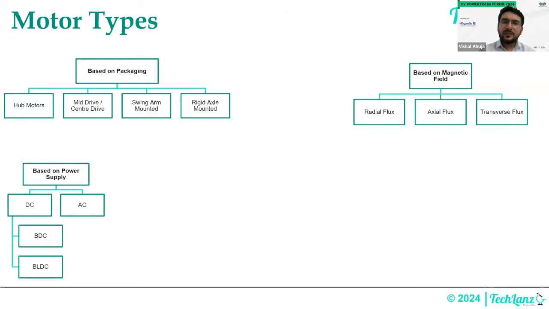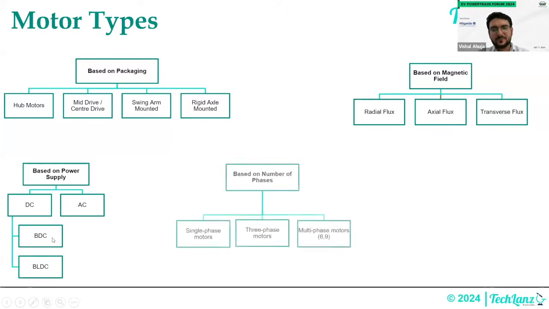Based on supply power, you can use DC motor or AC motor like BLDC motors. I will talk about all these things, right? Brushless DC motors, because brushed DC motors are not used for EV applications. Then based on number of phases, single phase motor is not used in EV applications.